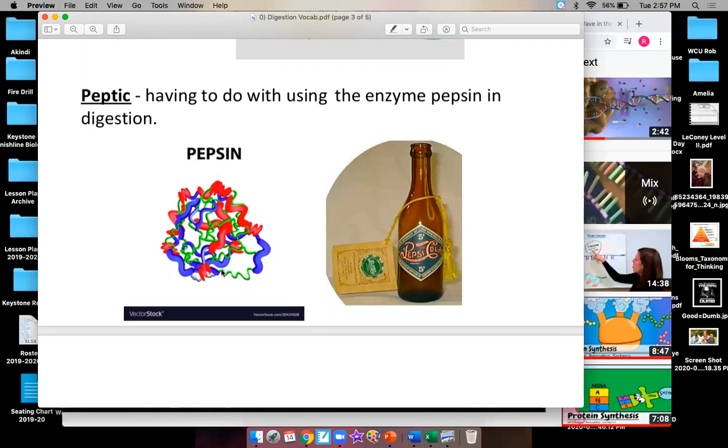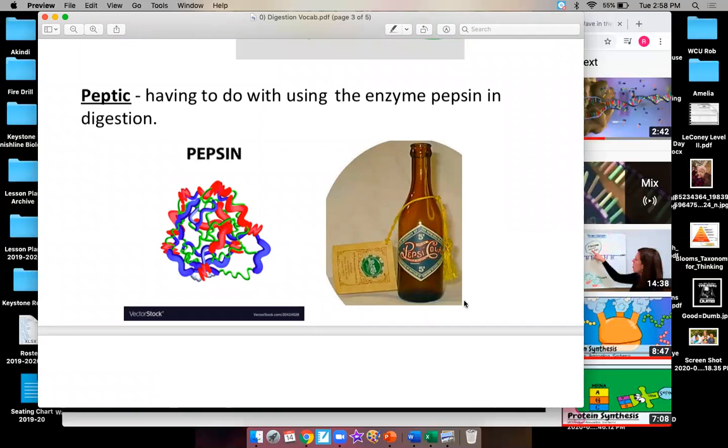And again, this is a computerized model of what it would look like if we could zoom in on it. And I have a picture of Pepsi here because notice, very similar. Pepsi actually happens to be a Greek word that means stomach, which is what pepsin is named after. It's named after the Greek word for stomach.